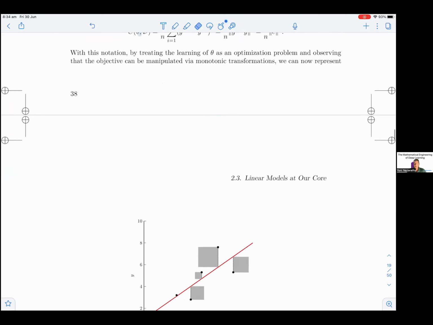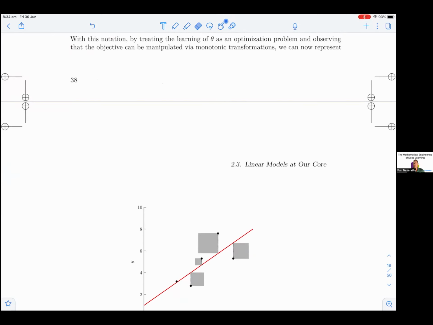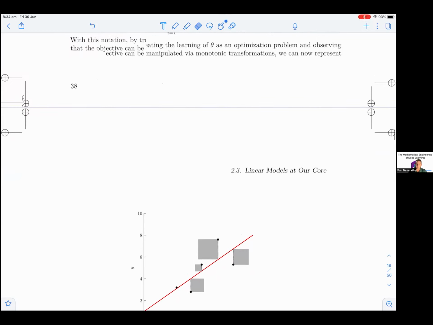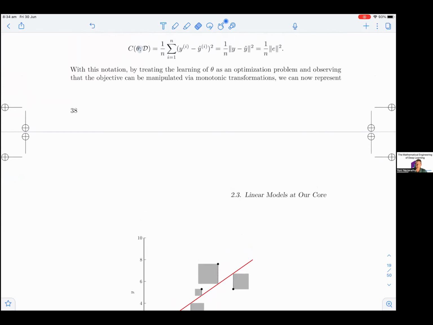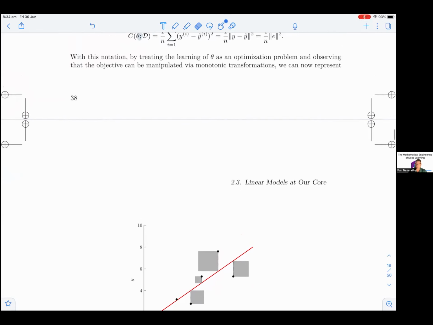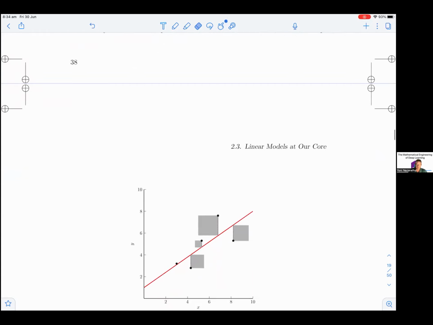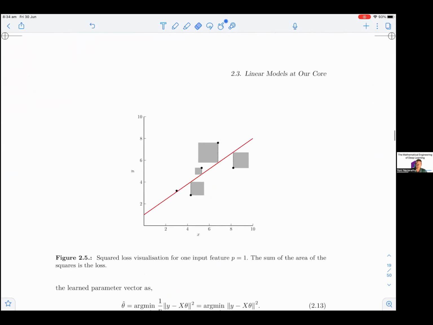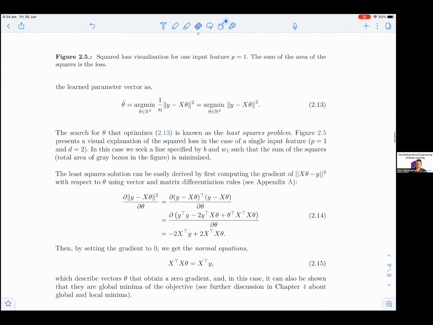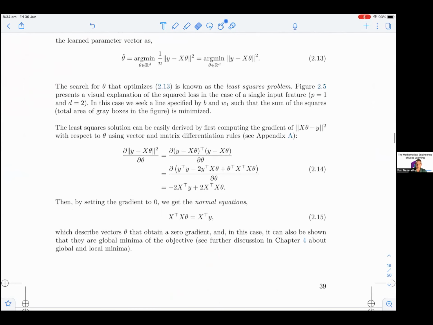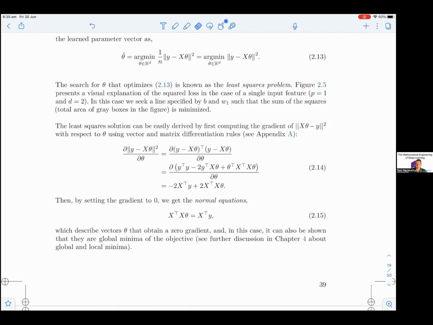With this notation, by treating the learning of theta as an optimization problem and observing that the objective can be manipulated via monotonic transformations, so you can always apply monotonic transformations to your objective without changing your decision, we can now represent the learned parameter vector as theta hat, the argmin over theta in R^d of this, which is now a vector representation.